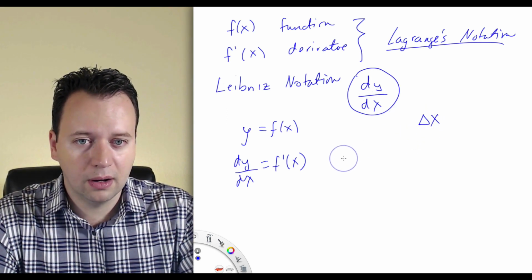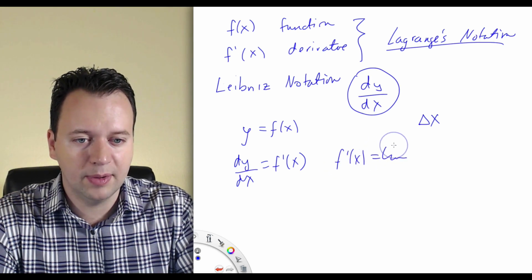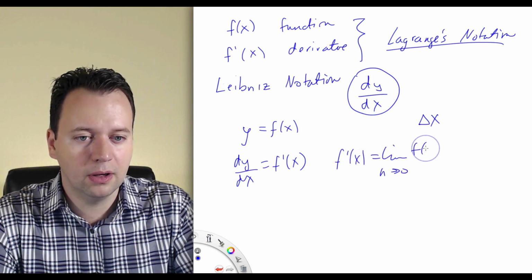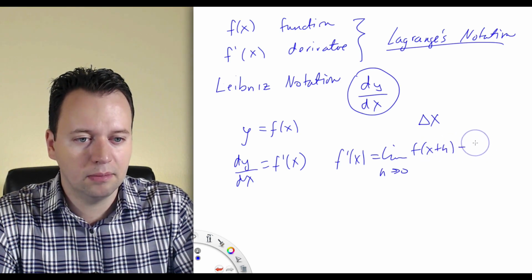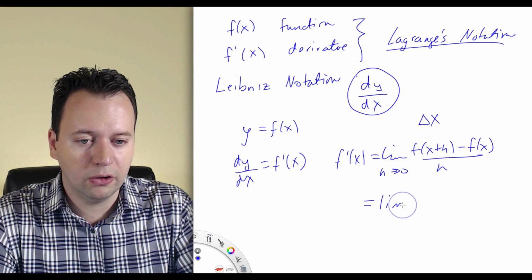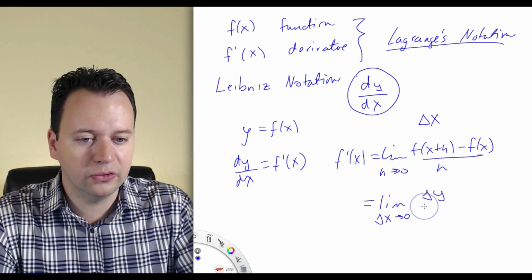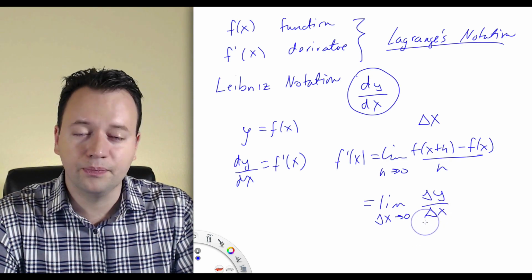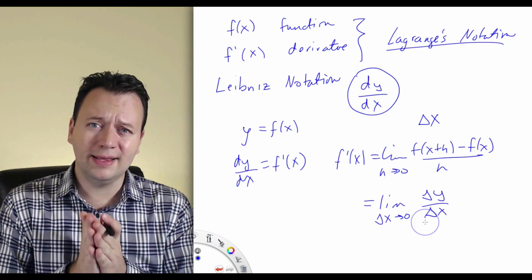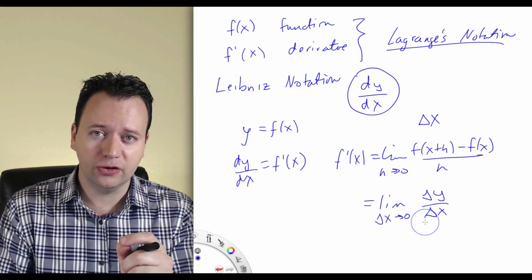So remember, the limit definition: f prime of x was the limit as h goes to 0 of f of x plus h minus f of x over h. You can alternatively write this as the limit as delta x goes to 0 of delta y over delta x. So for any finite delta x, you have a finite change in y over a finite change of x.